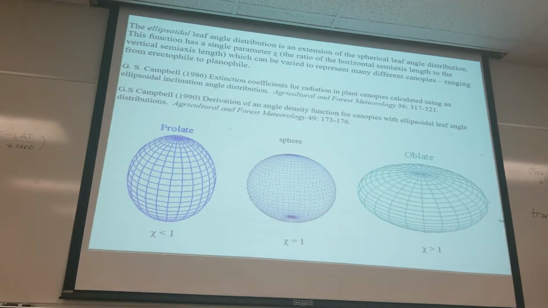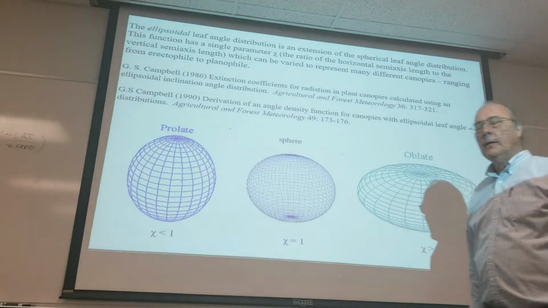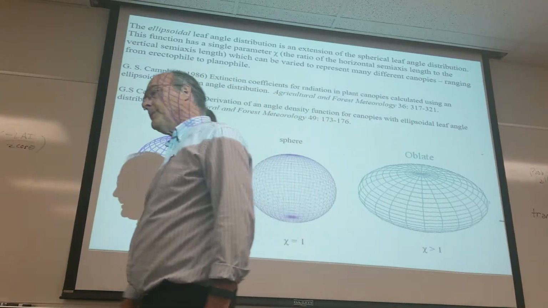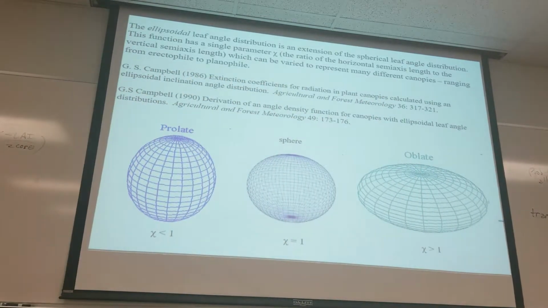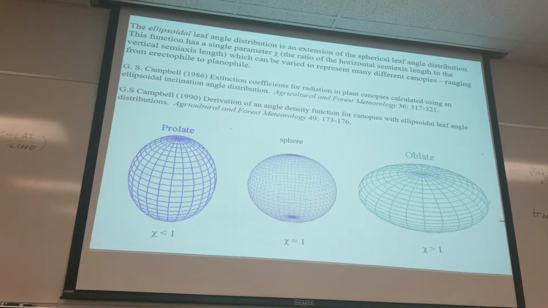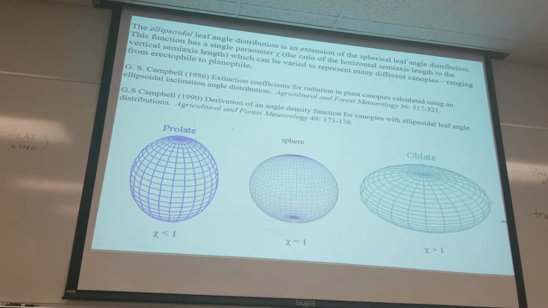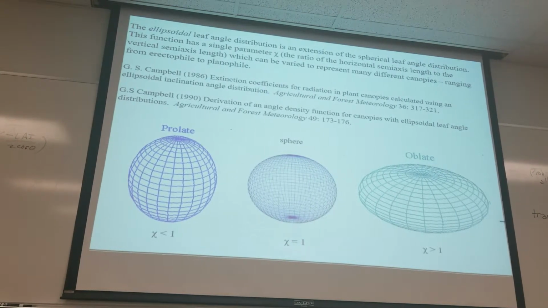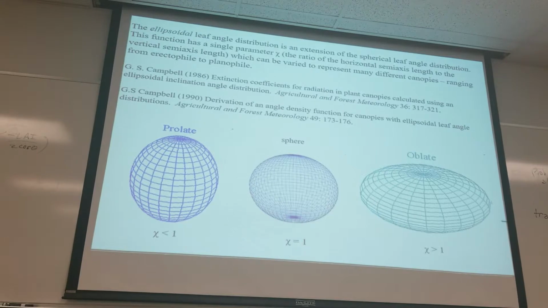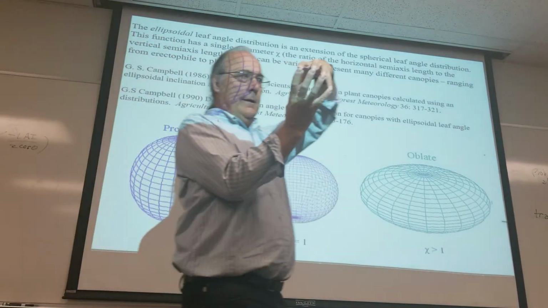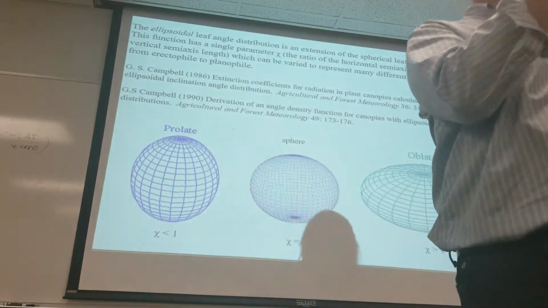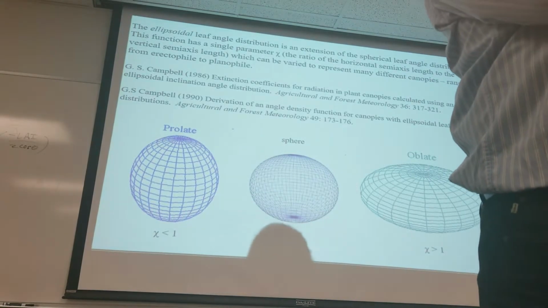Gaylon Campbell came up with a very useful function to represent many leaf angle distributions, and that is an ellipsoidal leaf angle distribution. If you think of a spherical leaf angle distribution, that's an ellipsoid with the axes the same.